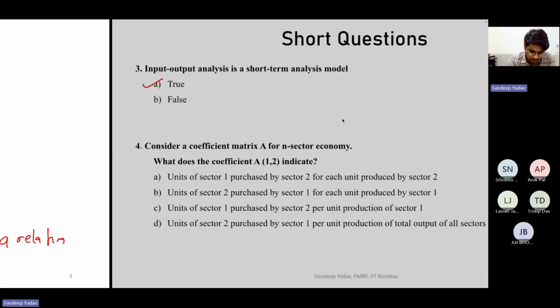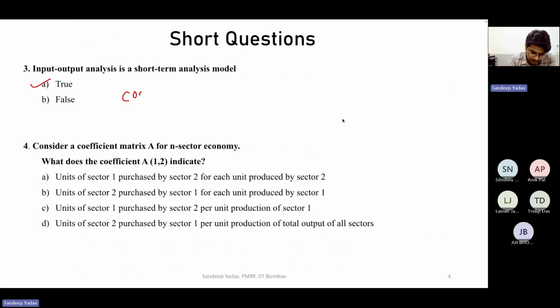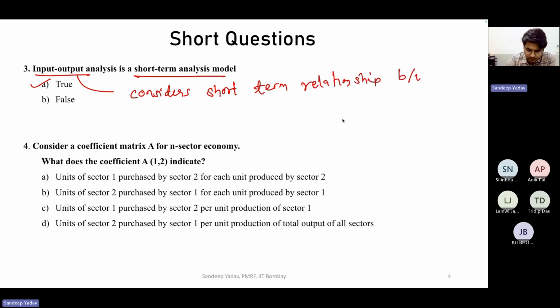Because we have already explained in question number two that input-output analysis considers a short-term relationship between different sectors of the economy. So that's why that statement is true.